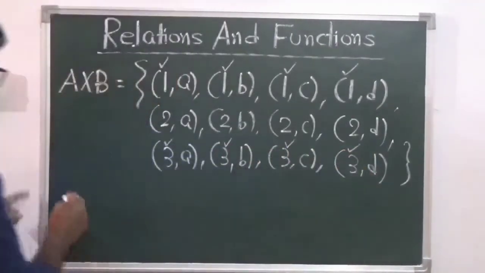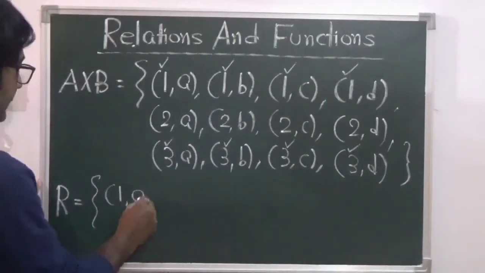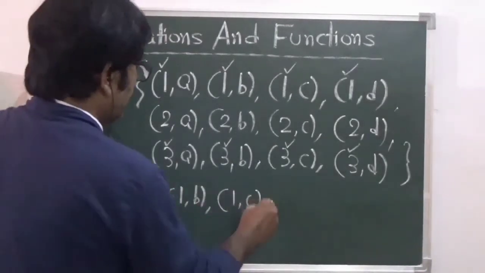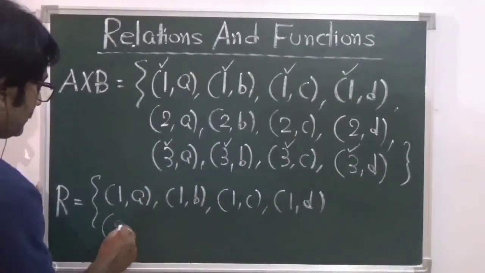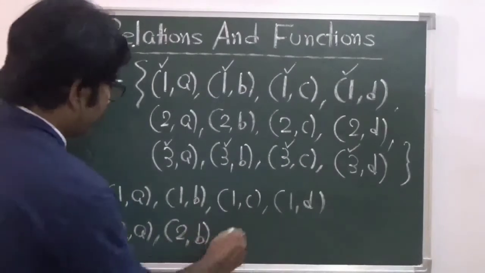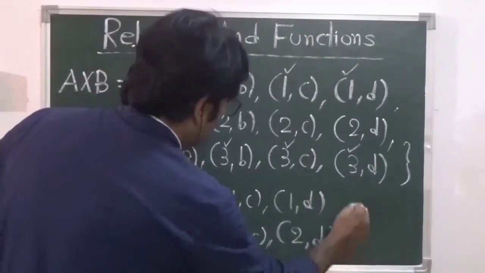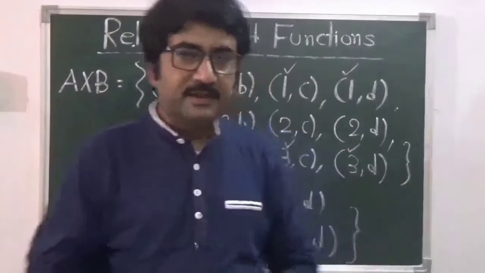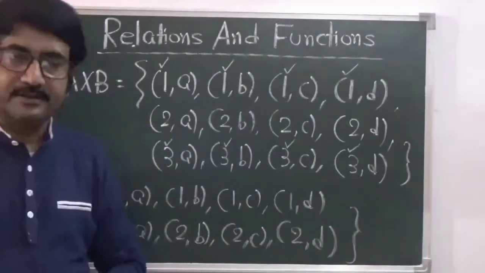So we write the relation R as 1a, 1b, 1c, 1d, 3a, 3b, 3c and 3d. That means this is the relation under the condition that the first element of the ordered pair will be an odd number, right?